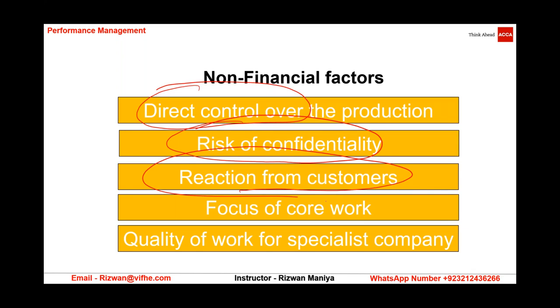So customers used to react, why from China, right? There is a possibility that if you outsource, customers might react, why are we buying outsourced products? Customers might react that the company is not making products in-house.